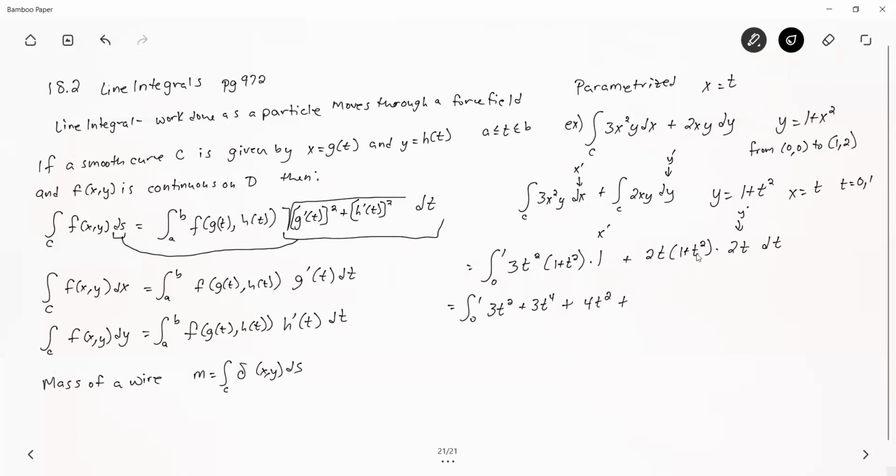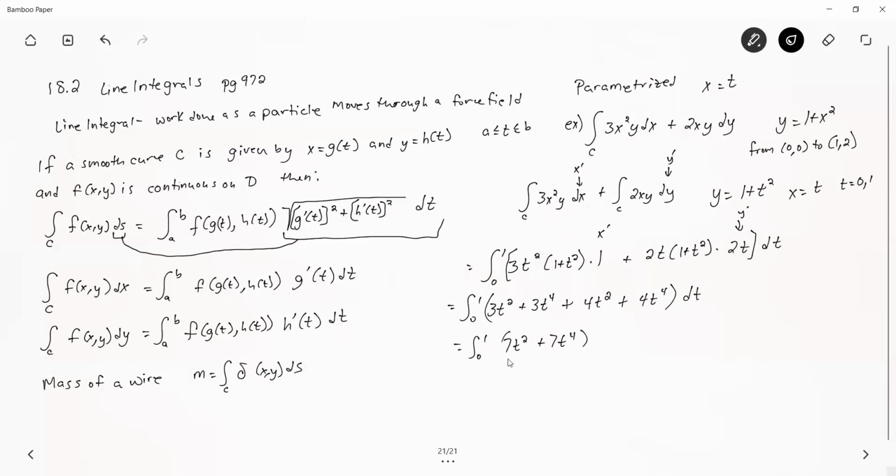Then 2t times t squared times 2t is 4t to the 4th. And this is all dt. So let's clean this up. I have 3t squared plus 4t squared, that's 7t squared, and 3t to the 4th plus 4t to the 4th, that's 7t to the 4th.